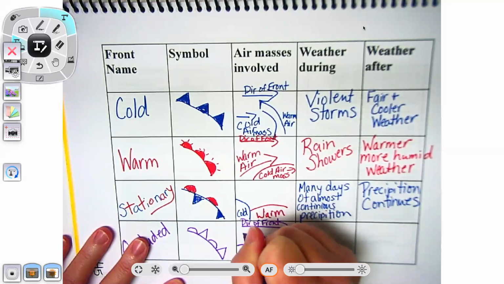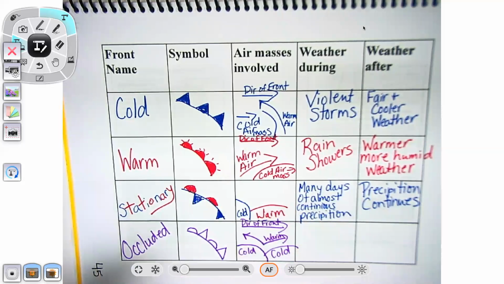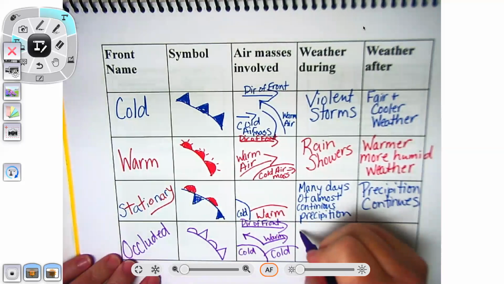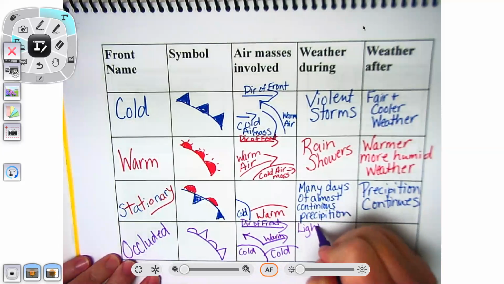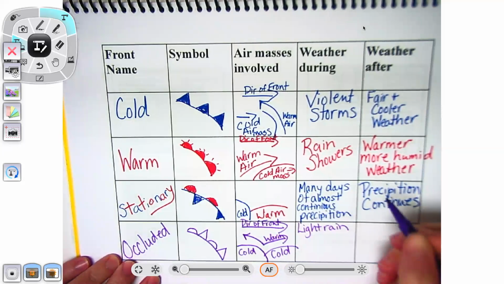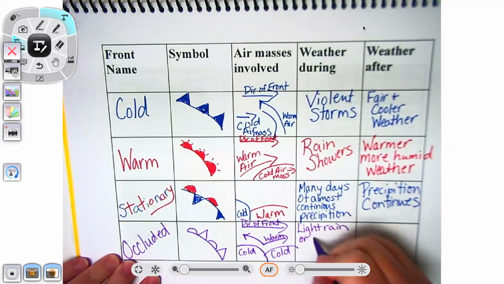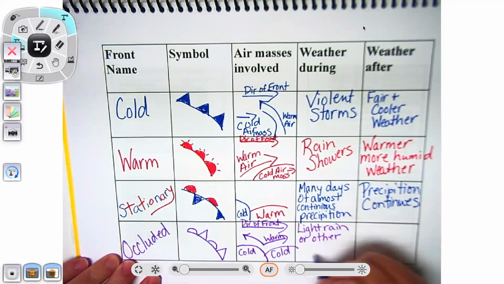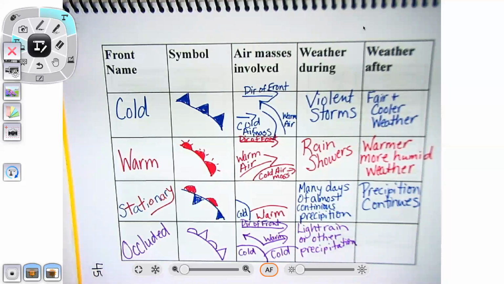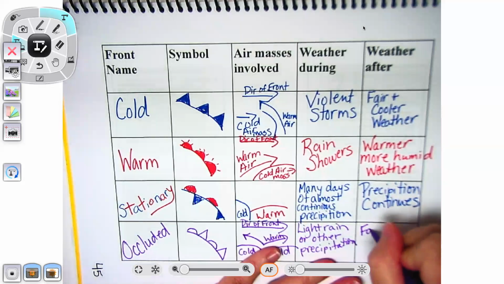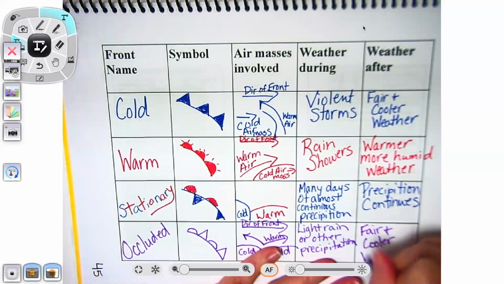So they're kind of in a battle too. You've got some areas of cold, some areas of warm. You're going to get light rain, or you could get snow or other precipitation. And after the occluded front goes through, you're going to get fair and cooler weather.